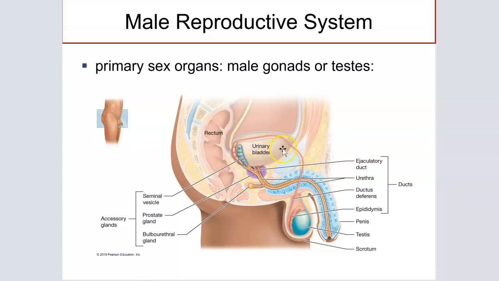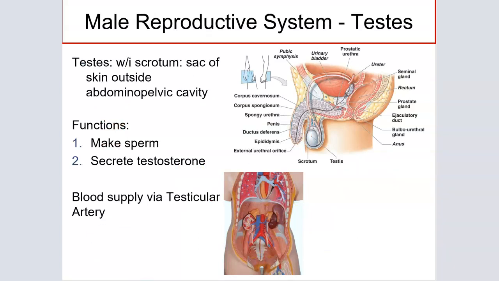And so they're going to travel out through this system, these accessory organs that we'll be going over. If we take a closer look, we see the testicle, or testis, inside the scrotum, outside of the abdominopelvic cavity, and as we mentioned, the testis is going to make sperm and testosterone, and they're going to get their supply through the testicular artery.